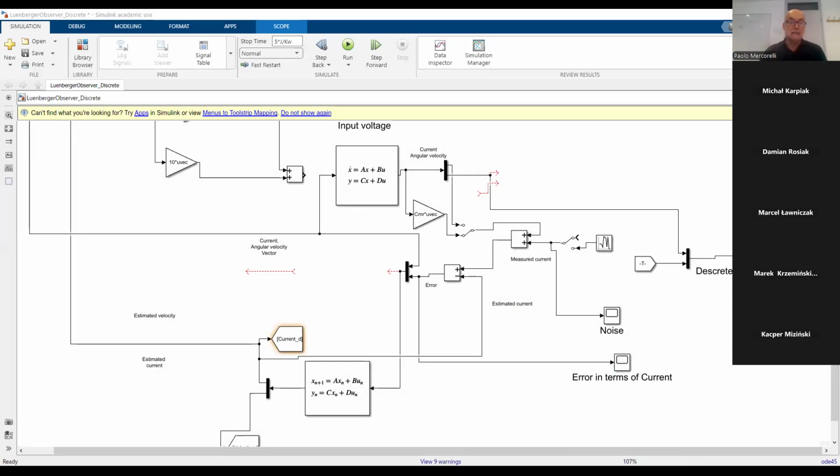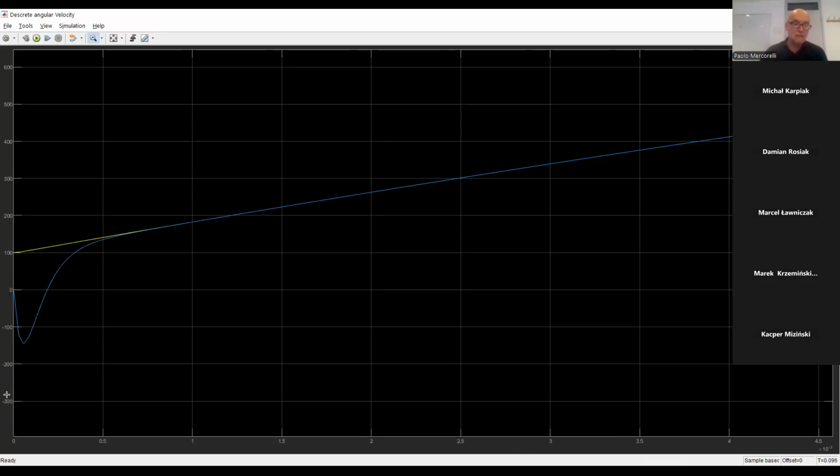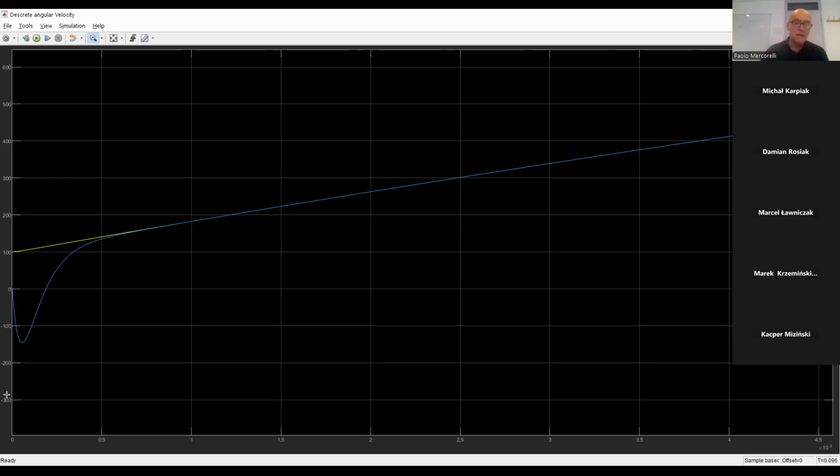It could be that it is not enough to avoid the inversion. In fact, look. But if I reduce, we can also avoid this non-minimum phase effect. About the non-minimum phase, I would like to tell you something in one second.